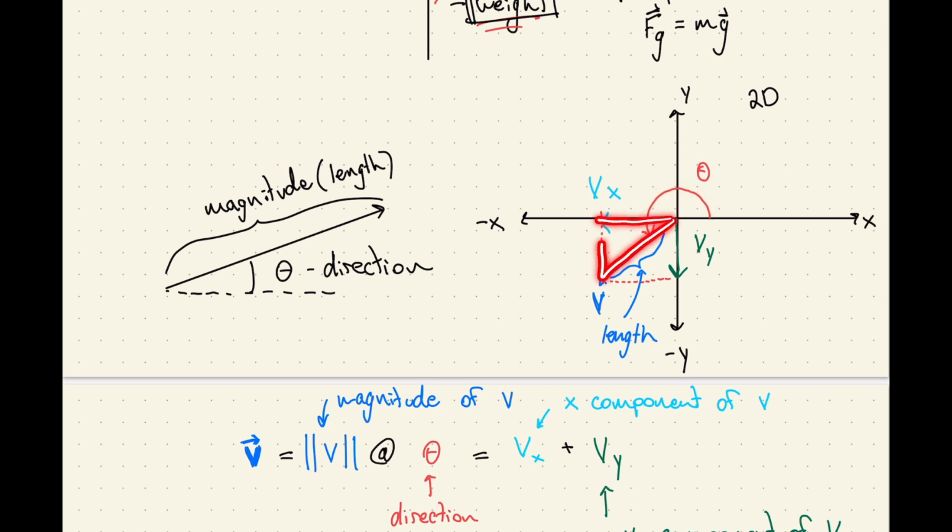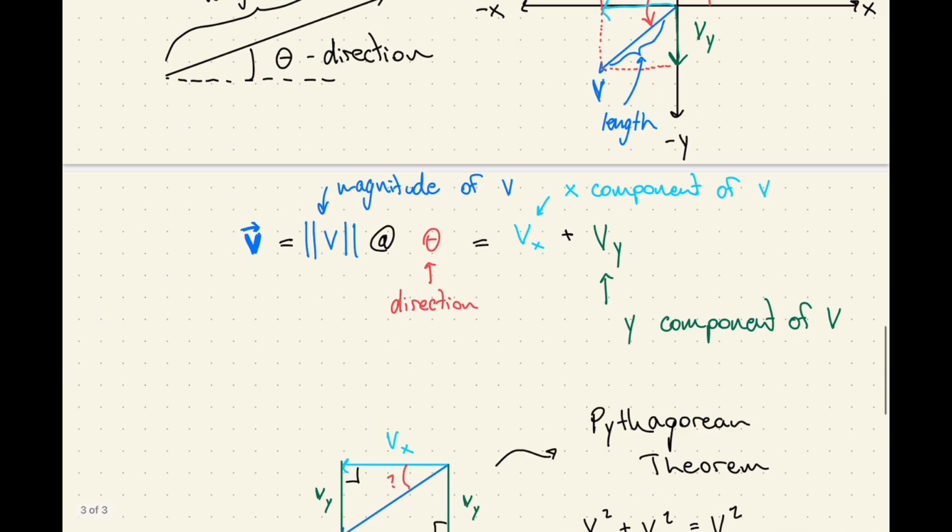If I used the other triangle, I would have to find this angle here and then add that angle to this 180 to find the actual direction. So I just like using the triangle that is right here, if that makes sense.